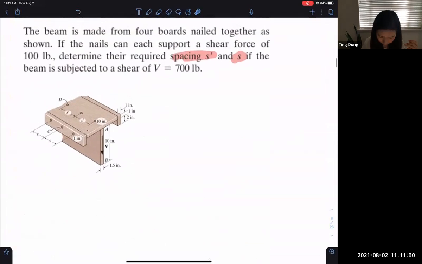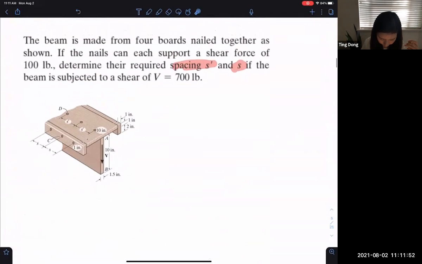And for this one, same thing. If we consider the nail here on the side, then this is a cutting surface, and this is the area for calculating Q. And if we consider the nail on the top, then this is the cutting surface, and horizontal shear force generated on this surface is carried by the nails.